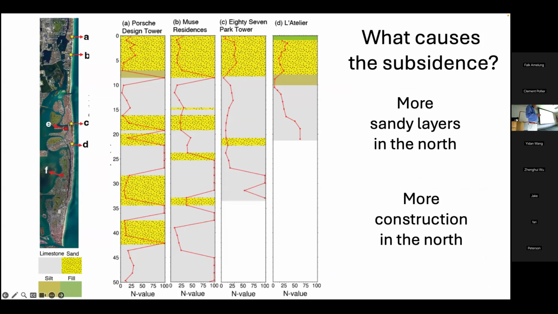We didn't get much, but the upper layer is sand. And this sand is actually from the barrier island that was deposited in the last 4,000 or 5,000 years. After that, we have quite some limestone, and there are some sandy layers in between.